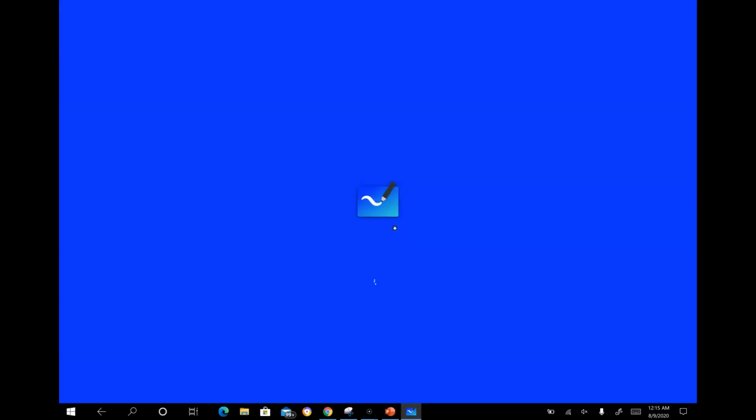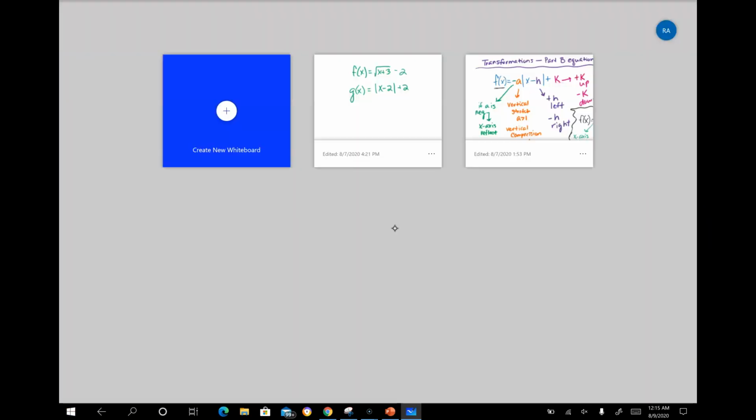All right, so let's do some examples. All right, so our first example is going to be f of x equals 12x minus 3.